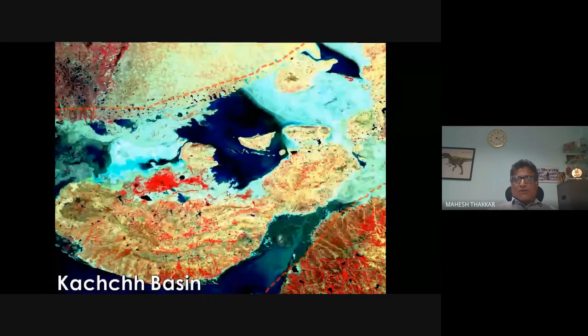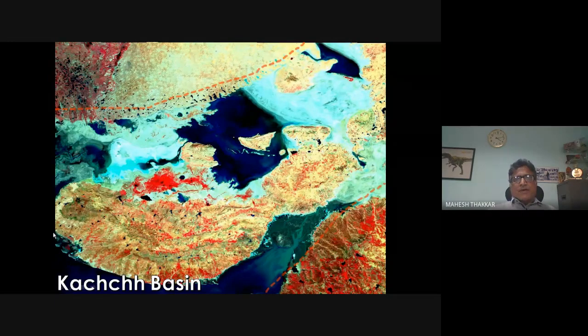Most of the tectonic elements have very direct effects on the morphology. So for the structural, geomorphic and tectonic geomorphic aspects, Kutch is one of the best places to study.